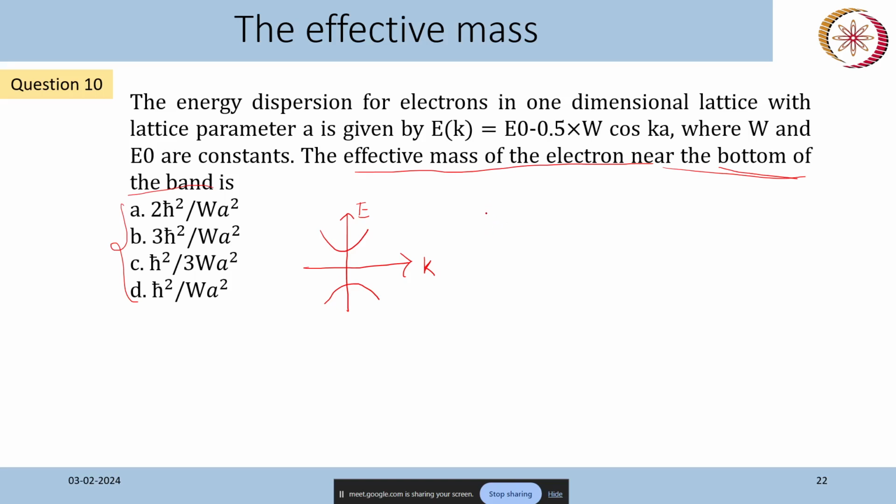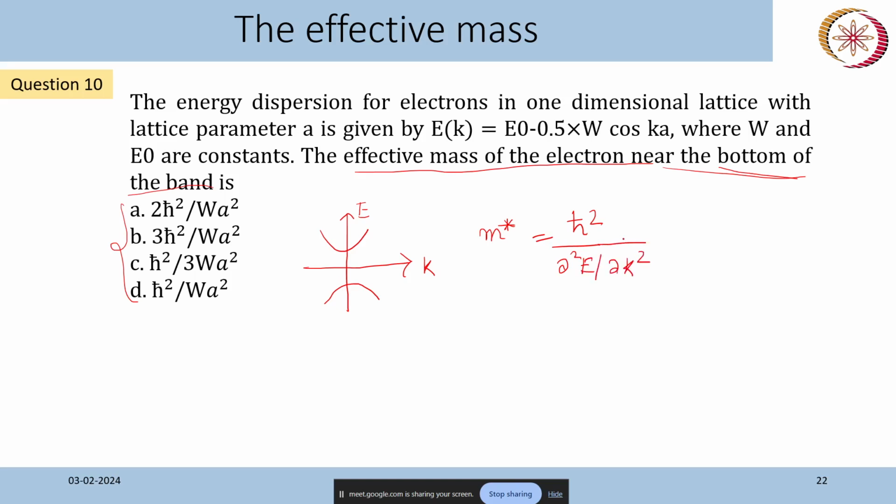Okay, so let me tell you the concept of how we get the expression for effective mass as h bar square over del 2E by del k2.